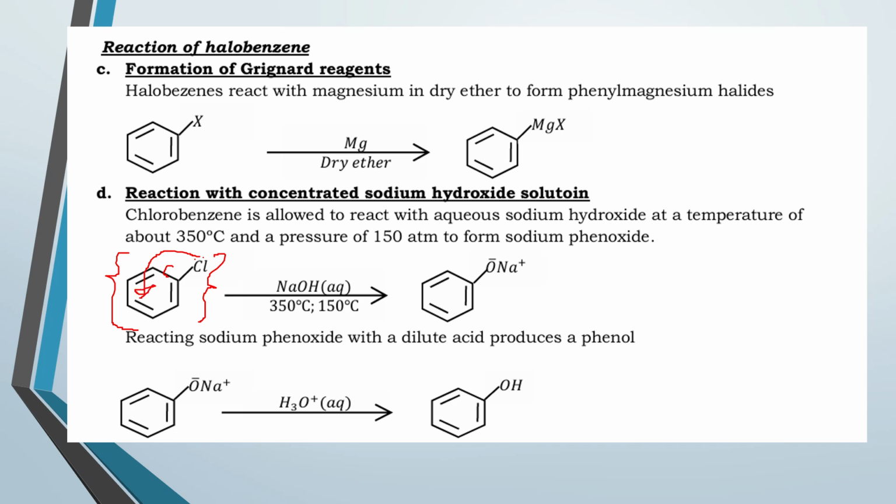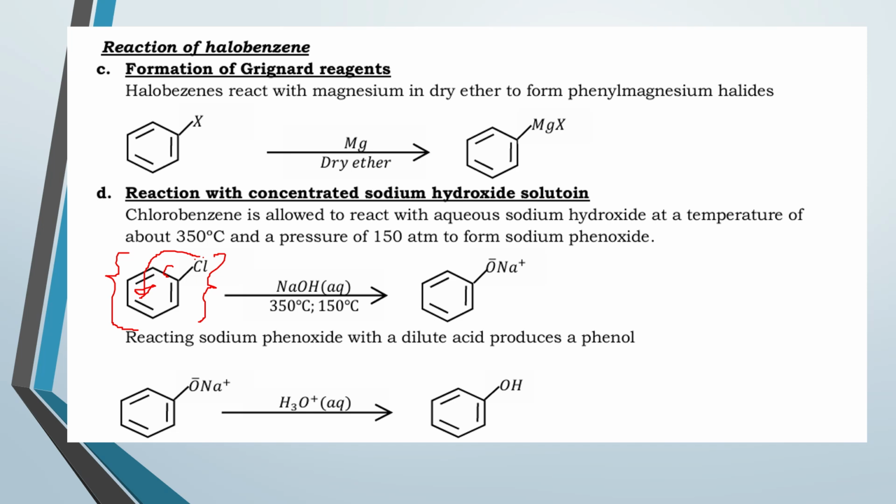So the bond between carbon and the halogen atom attached to it is too strong to be merely replaced by any other compound or atom. So for that, we are going to be using extreme conditions.